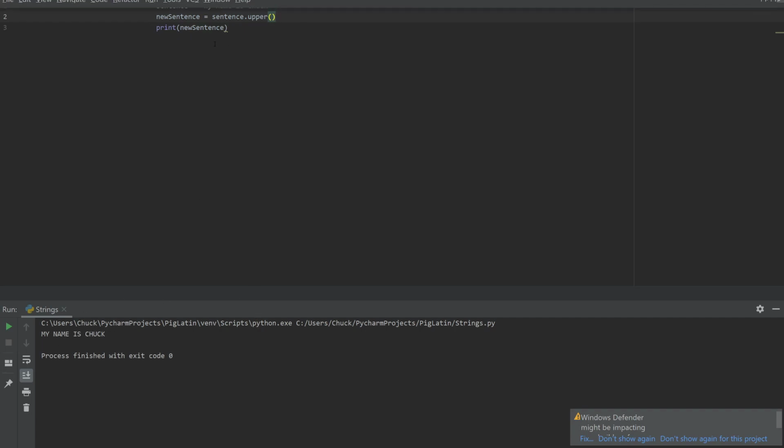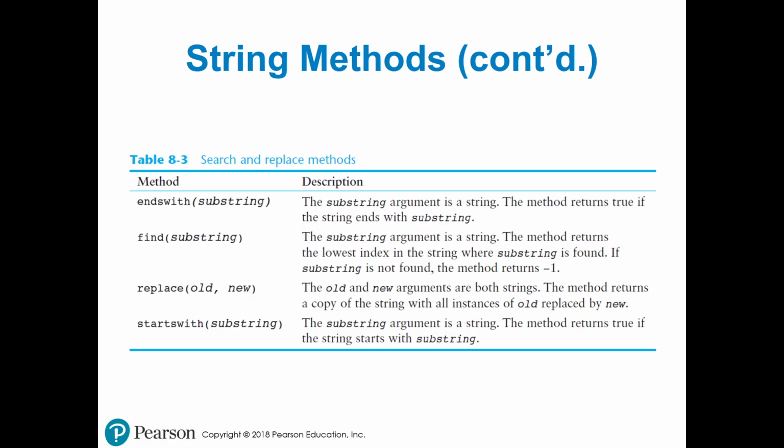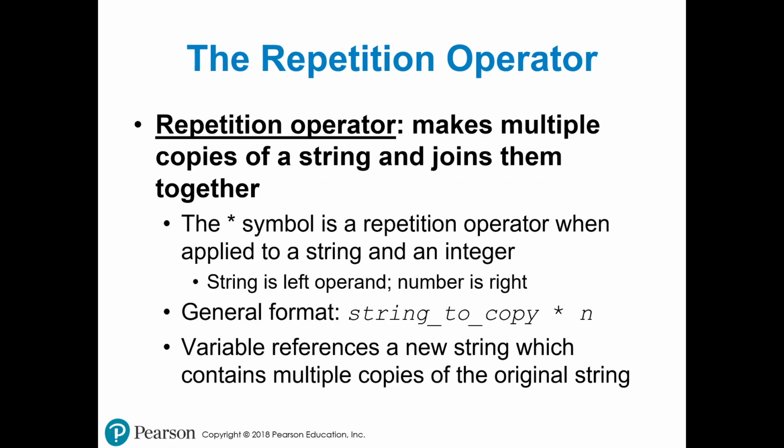So all of the functions that you're going to call are going to look something like this. We show the functions as standalone, but in fact when we call them, we're going to use variable dot something to make the calls. So there's endswith, find, replace. Here's a table of them.